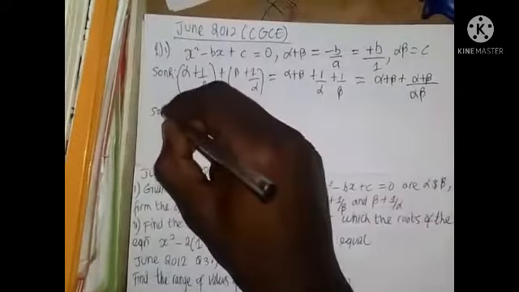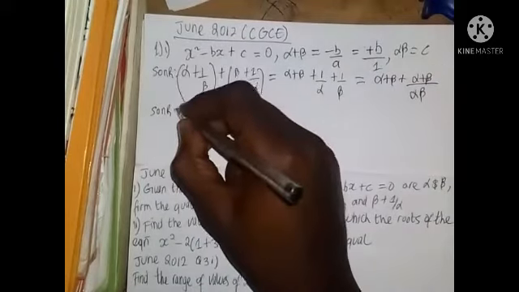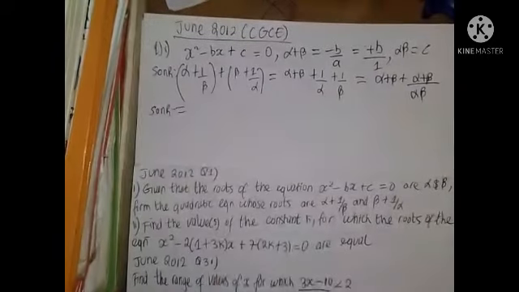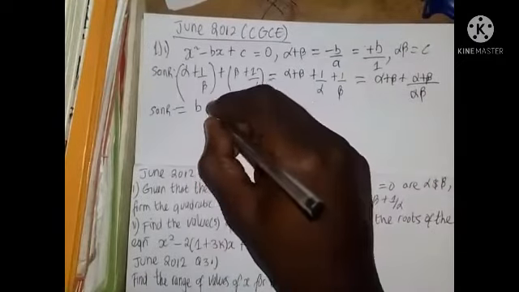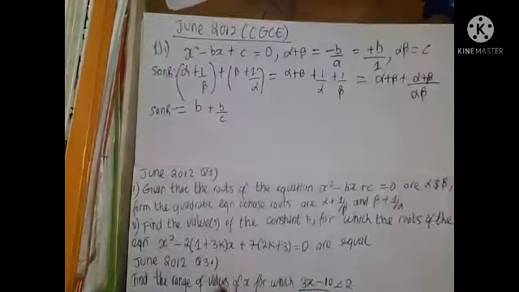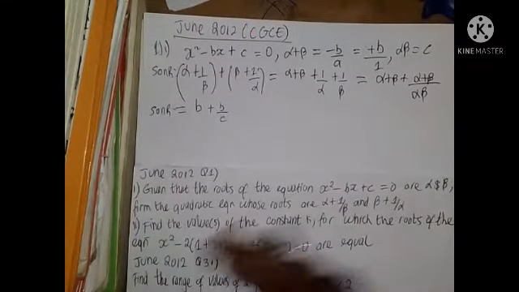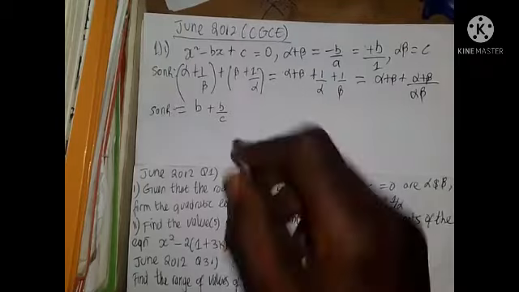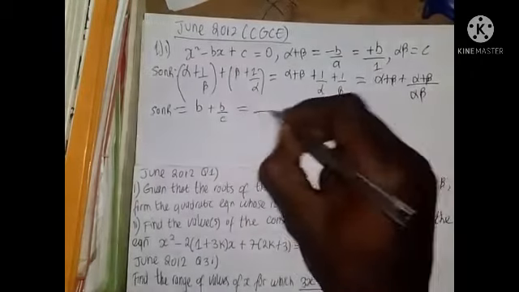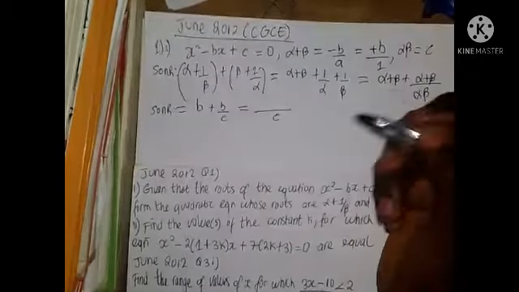So sum of new roots is equal to b plus b on c. Now you can choose to leave your answer at this level, but I choose to simplify it again. Okay, so equal to, do the LCM.